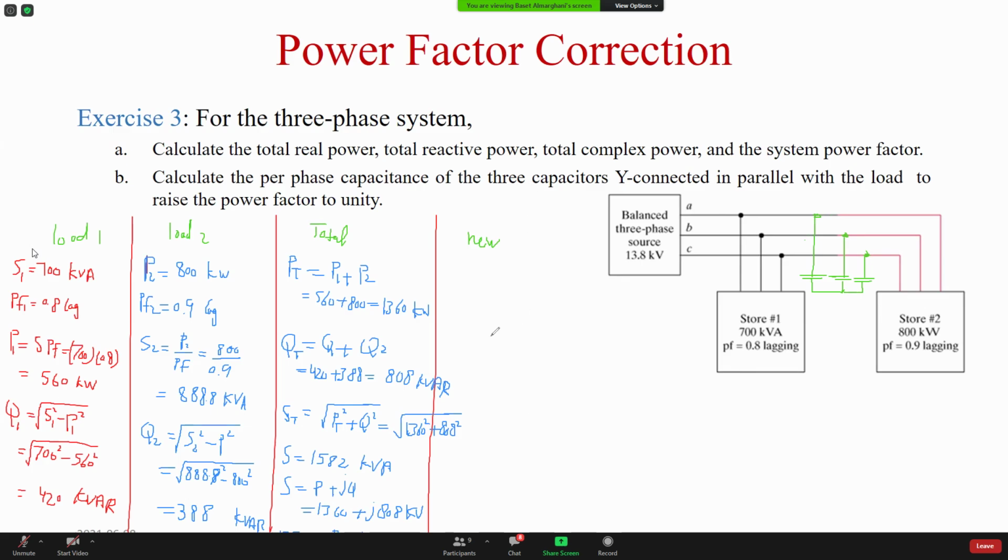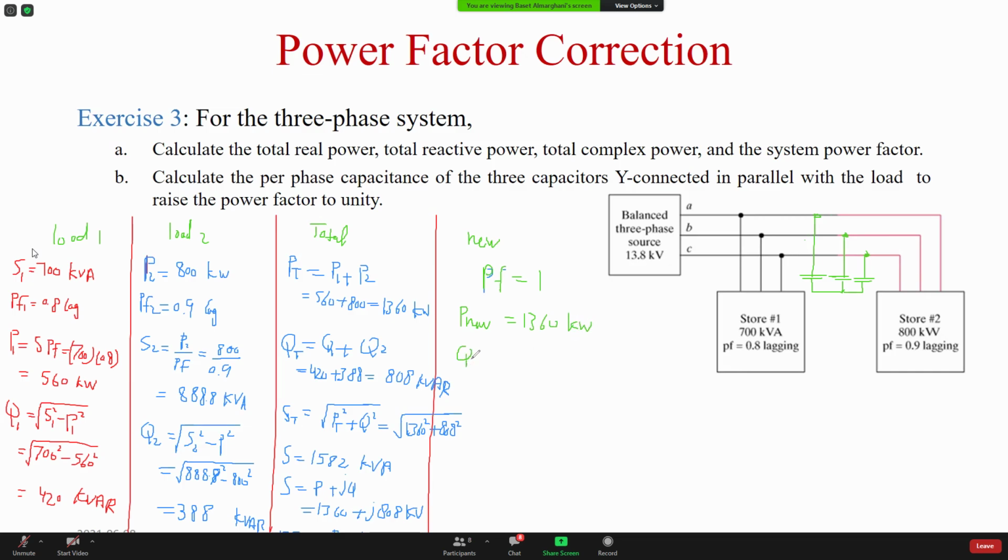Now the new and the old. The total is the old. We want the new power factor. New power factor is 1. P new is the same as the old, 1360 kilowatt.